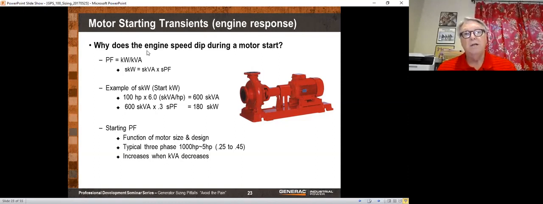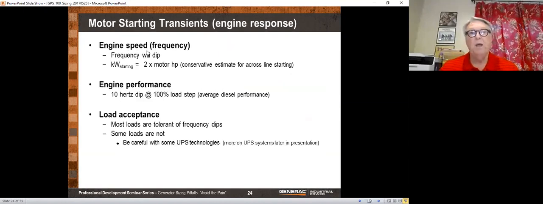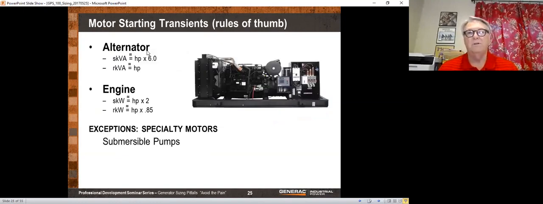So notice here that a 100 horsepower motor takes 180 kilowatts to start. That's pretty close to the rule of thumb that I told you earlier of 2 kilowatts per horsepower. So there in the top paragraph, it talks about the 2 kilowatts per horsepower, and most loads are very tolerant of frequency dips. So we don't tend to worry about that. We worry more about the voltage drop.